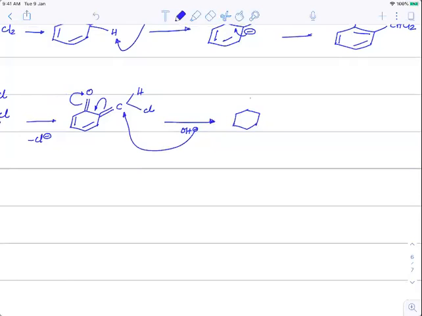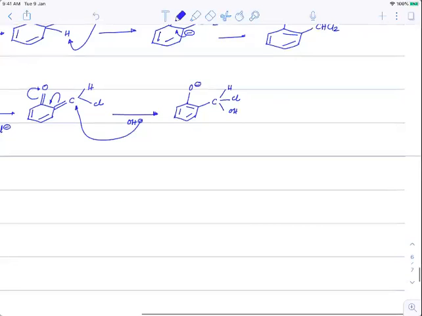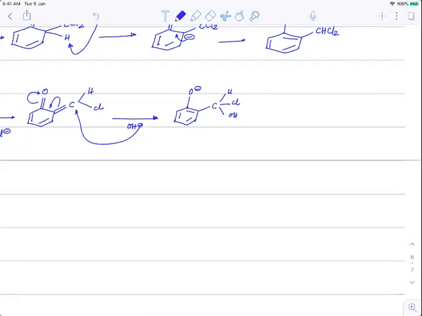We will have again O minus, double bond, double bond, double bond, C, H, Cl and OH. I hope that point is clear. Now it is done one more time here. We have OH here, correct? So once we have an OH formed here, we can see one more time the Cl can leave.